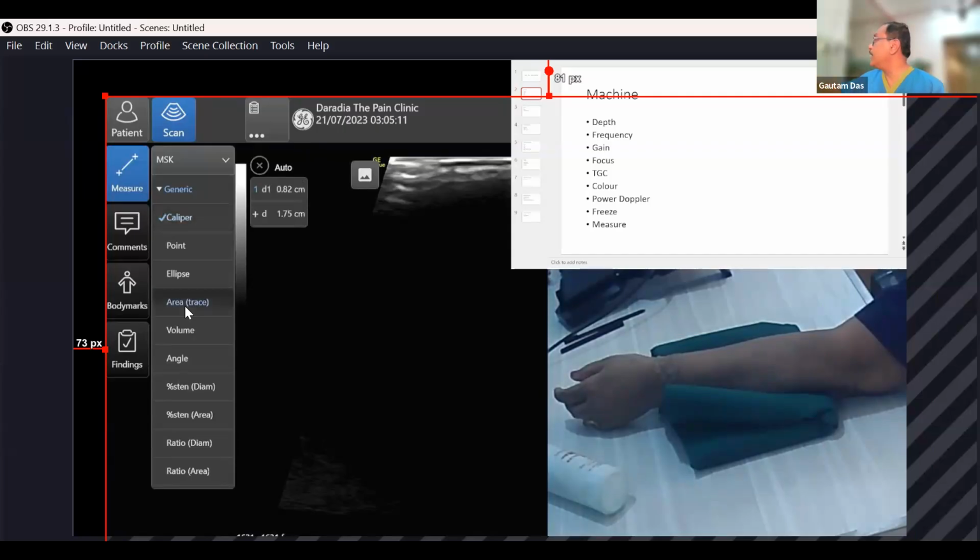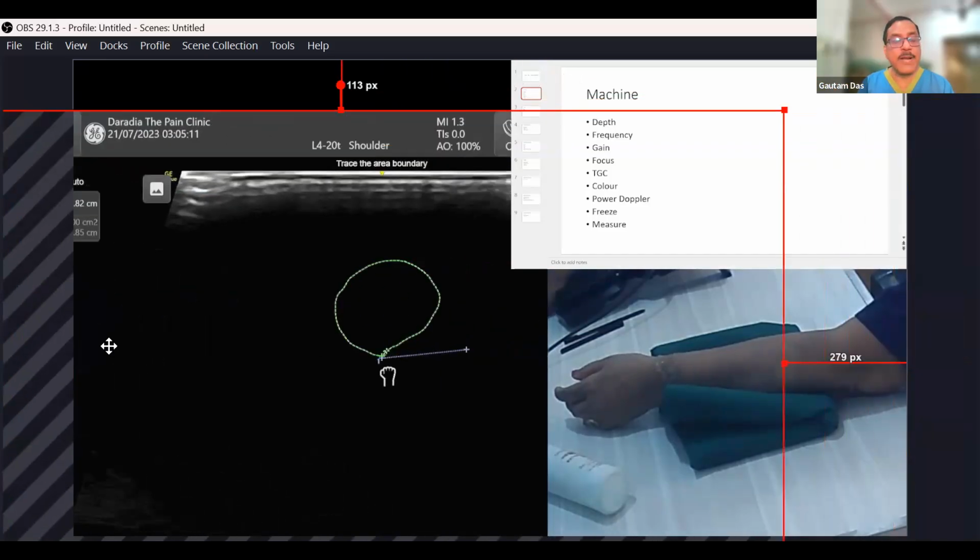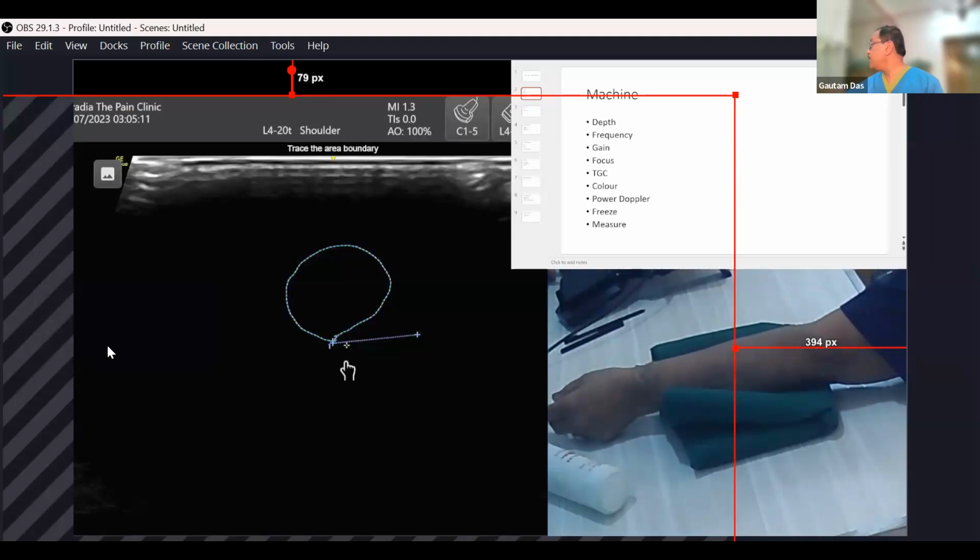If I go for the area, from here I go around like this, I can measure the area, in square centimeters or square millimeters. It will be given by the machine itself.